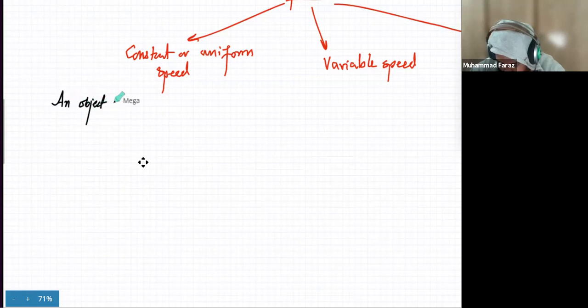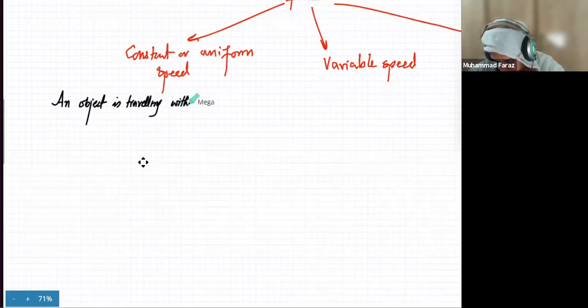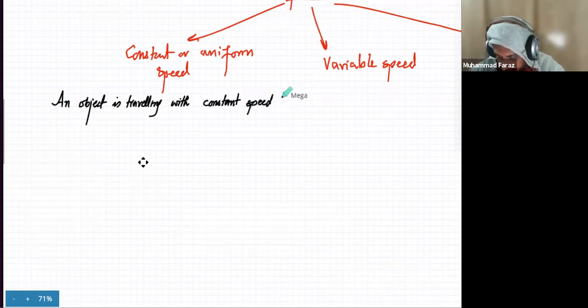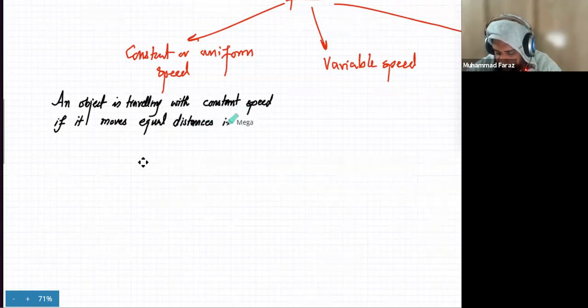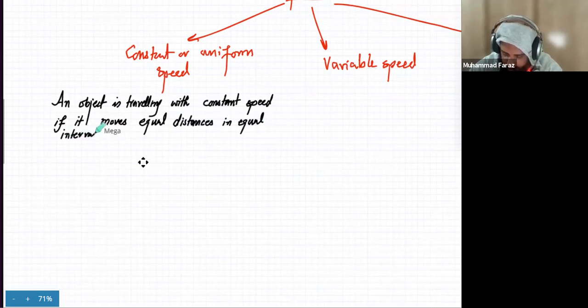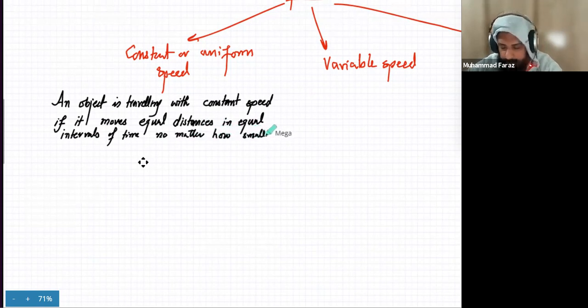An object is traveling with constant speed if it moves equal distances in equal intervals of time, no matter how small the intervals are.